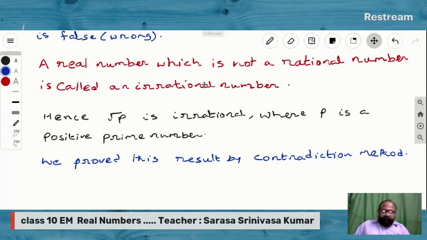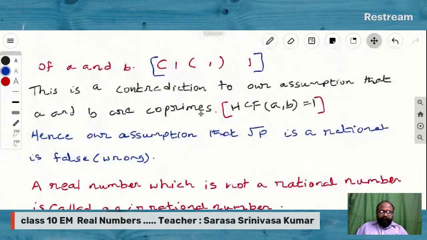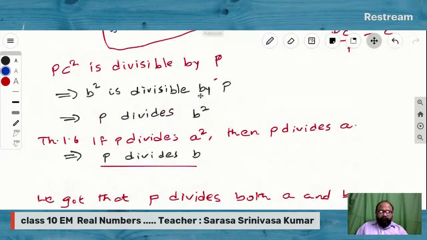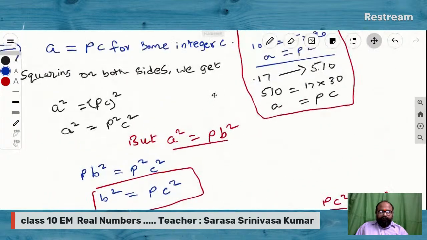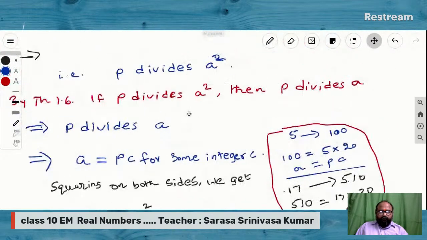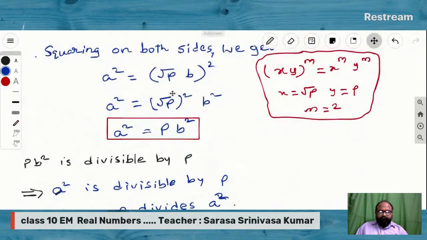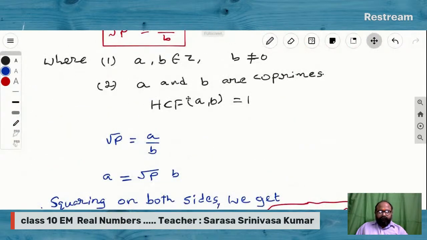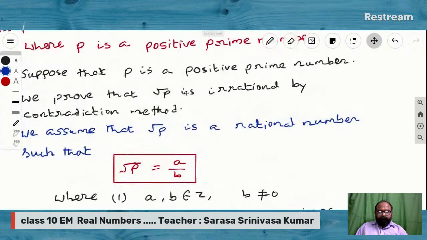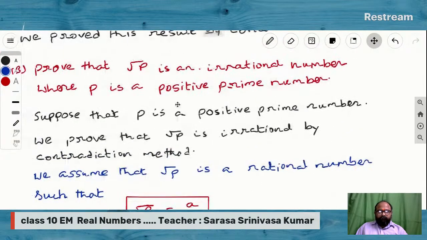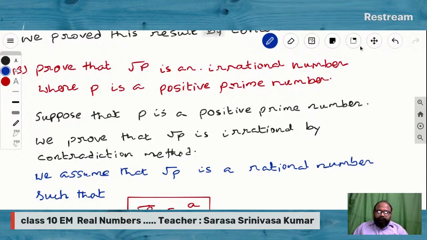Dear students, let us discuss this problem. Prove that square root of p is an irrational number where p is a positive prime number.